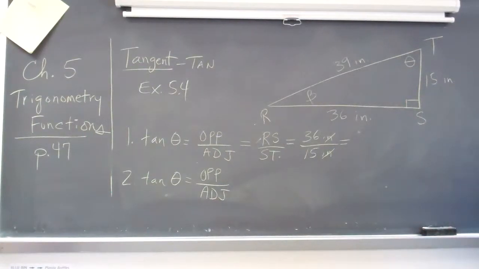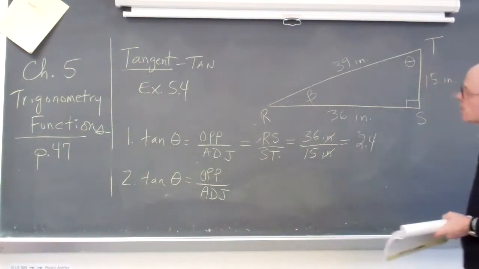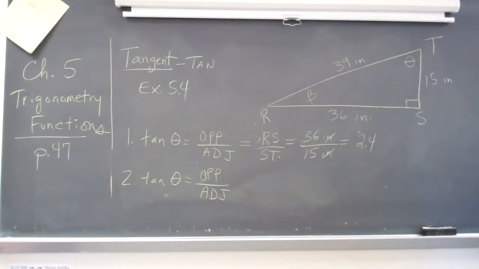Units cancel out, and that would be 2.4. So that tells you that side RS is 2.4 times as long as side ST.